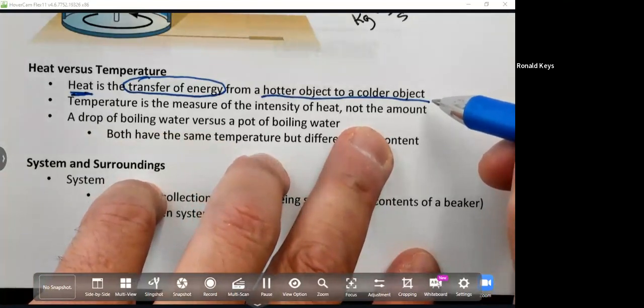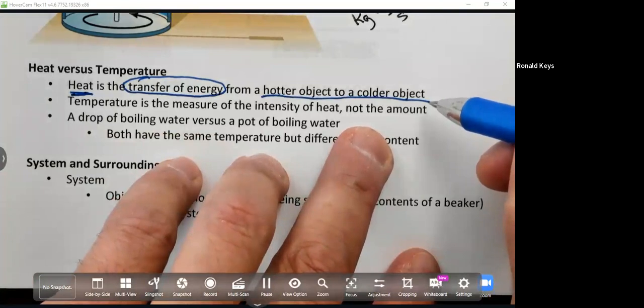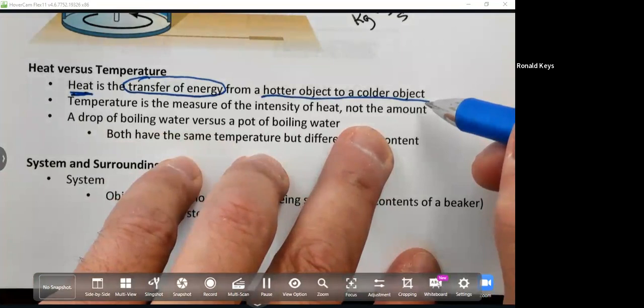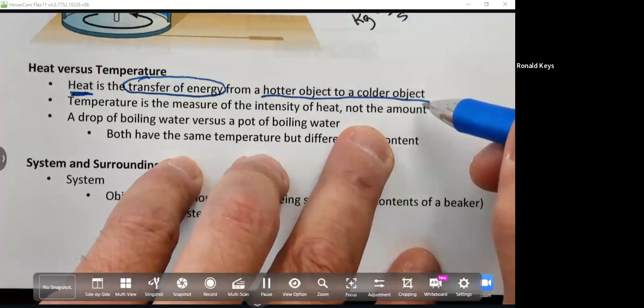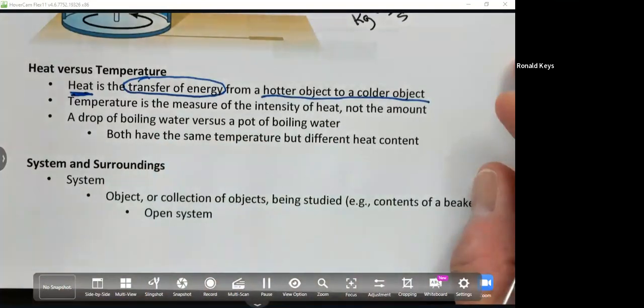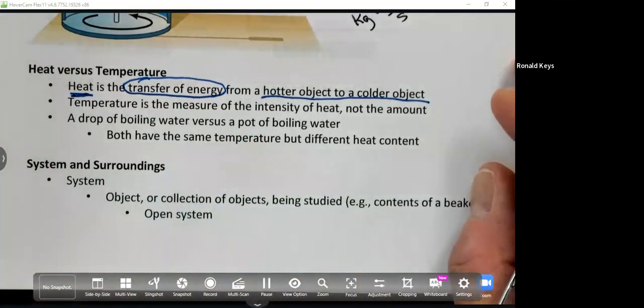It doesn't contain a high amount of heat energy. If you put a small pan into a large boiling pot of water and took that small pan out and touched it, that would burn because that small pan would have a lot more heat energy than a pin.